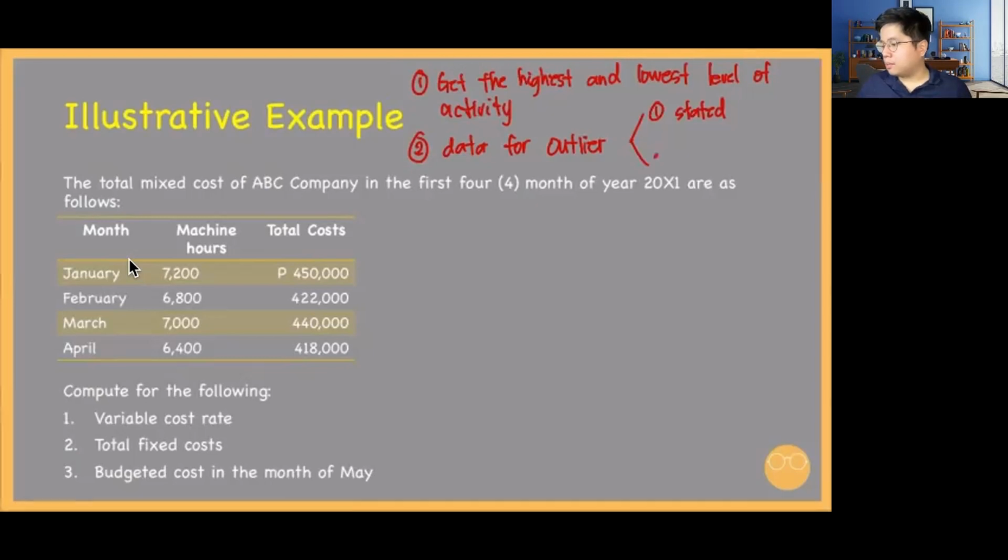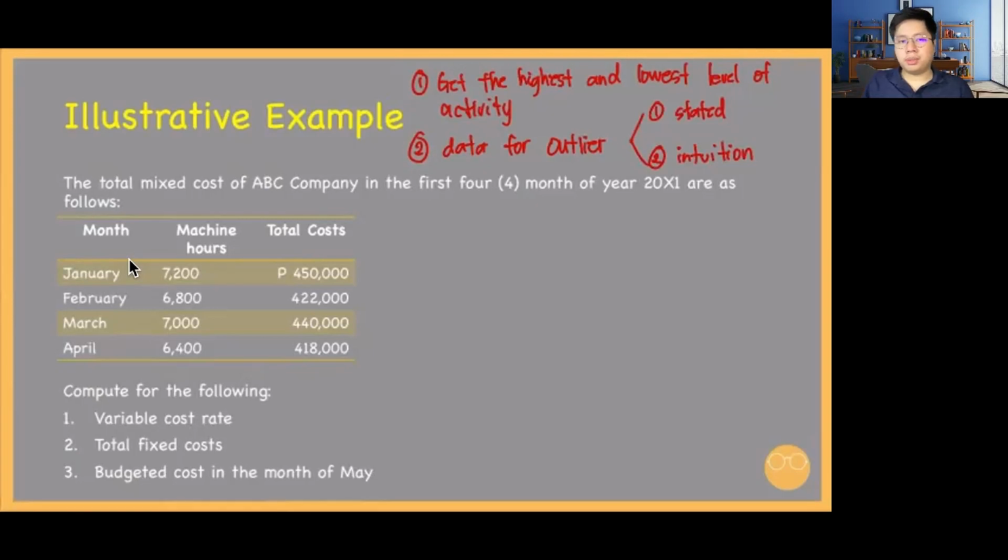Second is to practice intuition. If you can see a pattern in the machine hours, let's say the highest machine hours here is 7,200, but the next one is 15,000 machine hours. That 15,000 machine hours should not be considered in the computation using the high-low method.